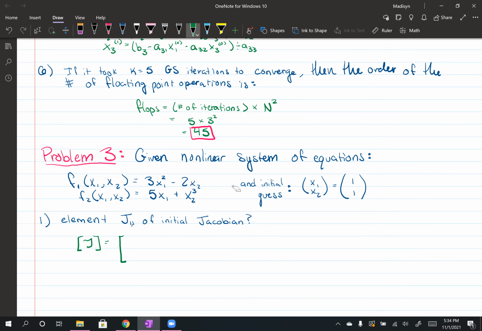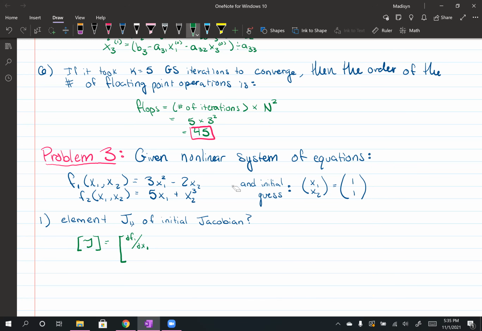So anyway, component 1 should be the partial derivative of your first function with respect to x sub 1.